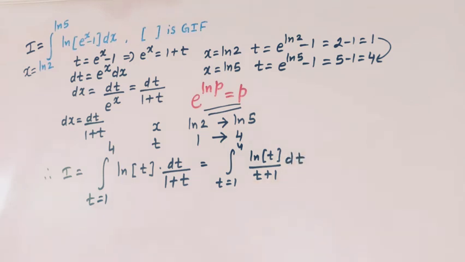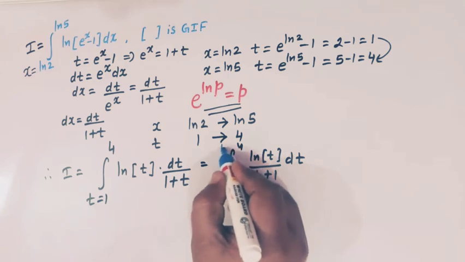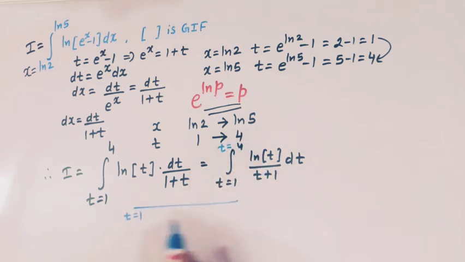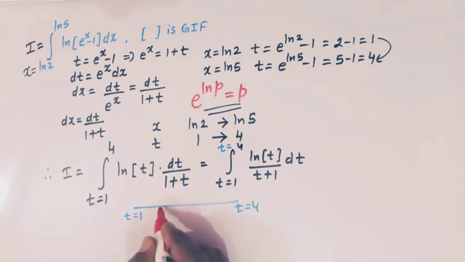So now our aim is to evaluate this integral, and here we see that the limits are from t is equal to 1 to t is equal to 4, and between 1 and 4 we have two integers.